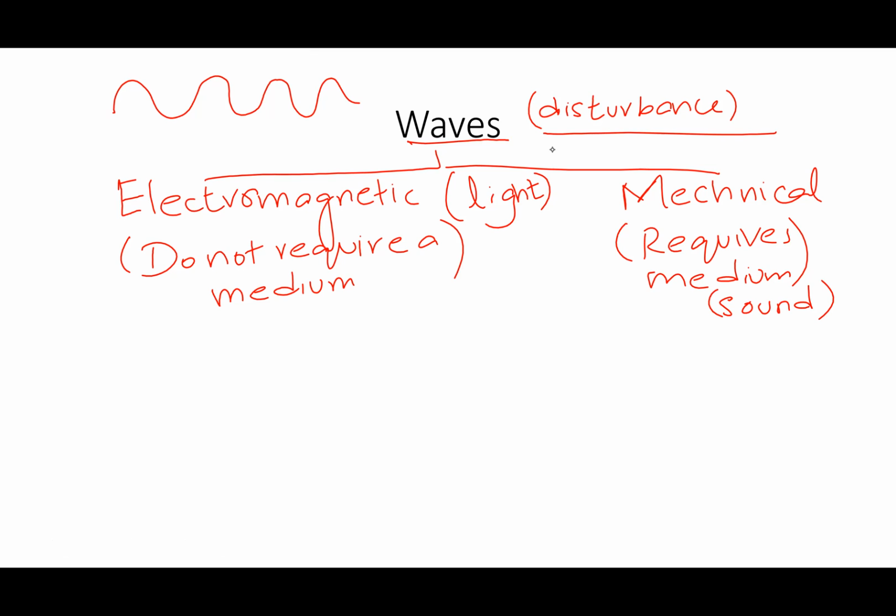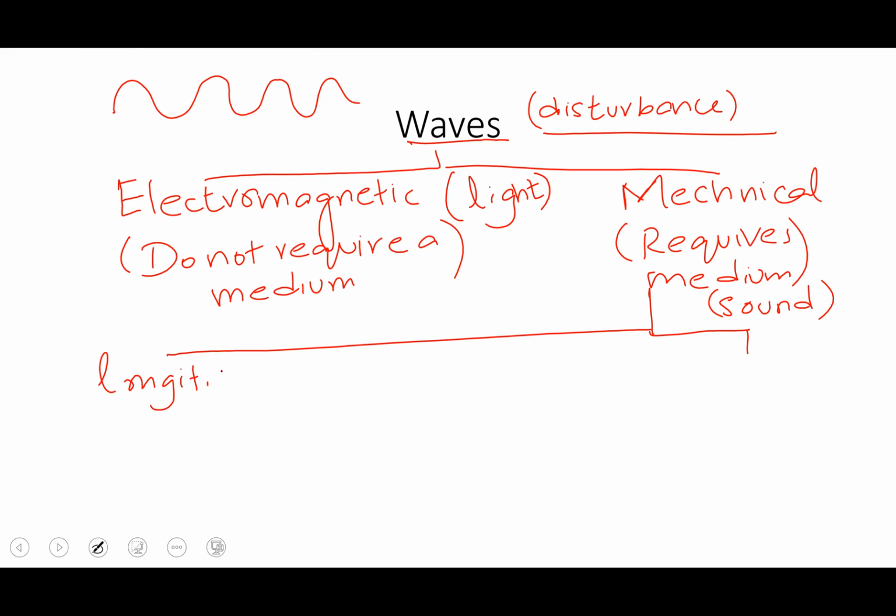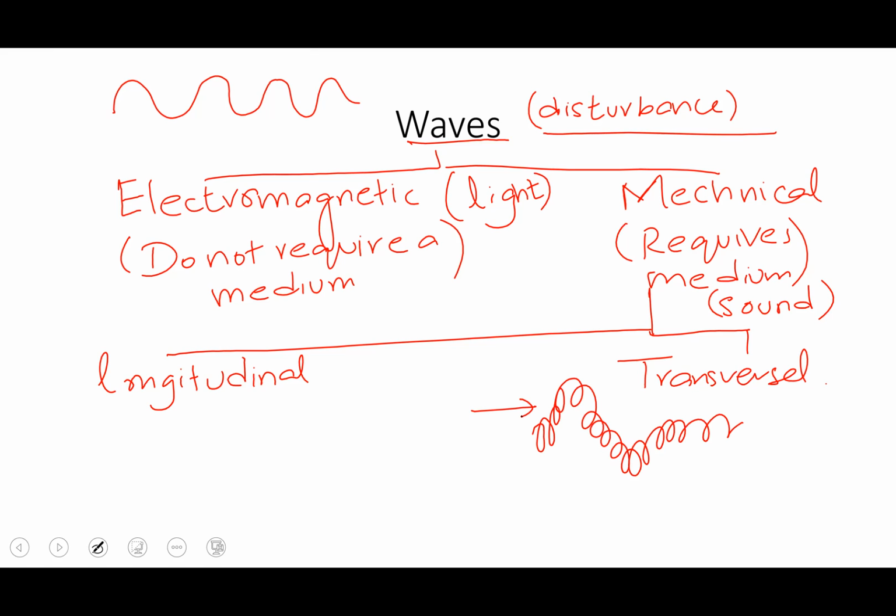Now, mechanical waves are further divided into two parts. One is the longitudinal wave, and the second one is the transverse wave. First, what is a transverse wave? If we consider the example of a slinky and we move it up and down, we can see that the particles of the slinky are moving up, whereas the wave motion is moving in the forward direction.